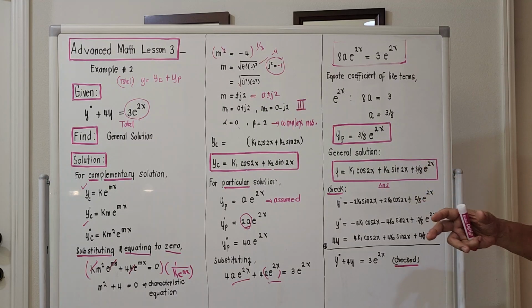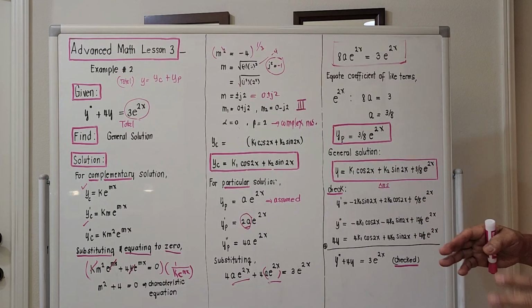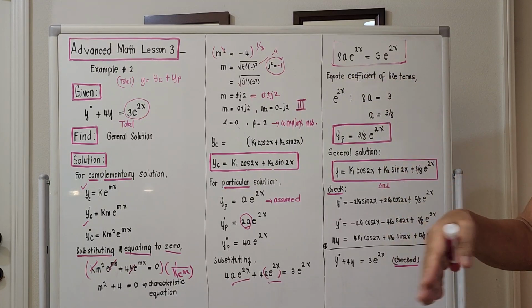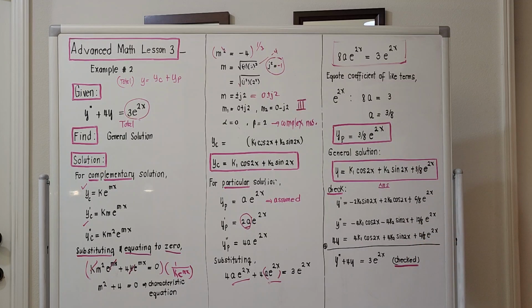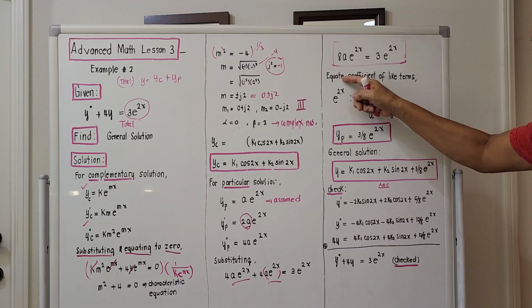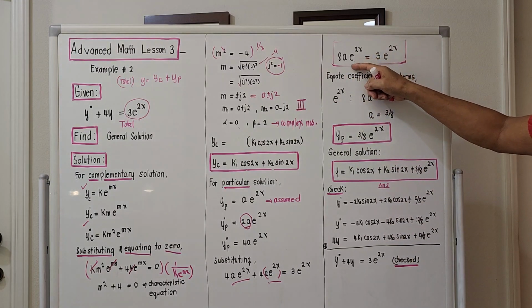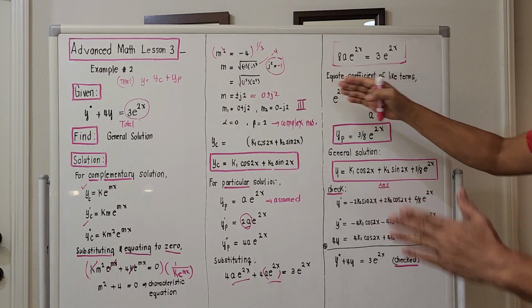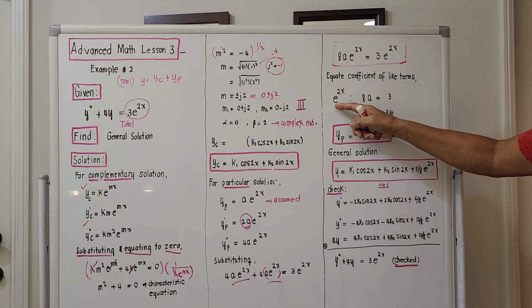That gives us the solution on how to compute for the value of a. By using the principle of equating coefficients of like terms, it is the same as in the so-called partial fraction under integral calculus. Equate coefficients of like terms to solve for the unknowns. For e to the 2x, there is an e to the 2x on the left, and there is an e to the 2x on the right.